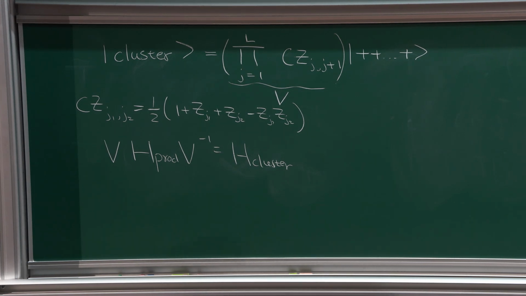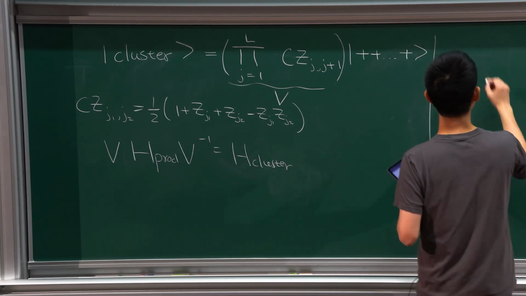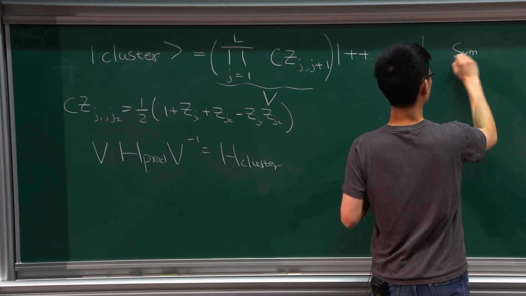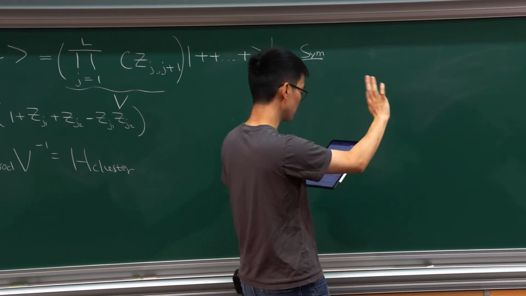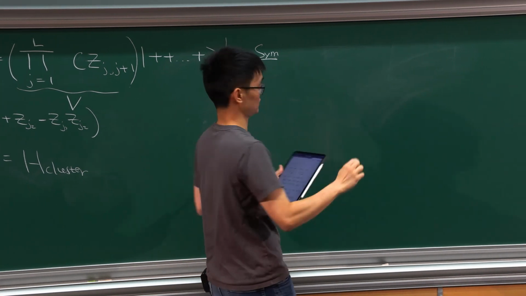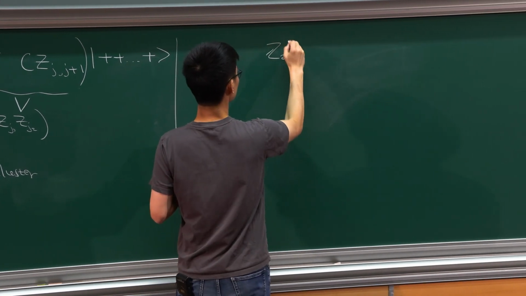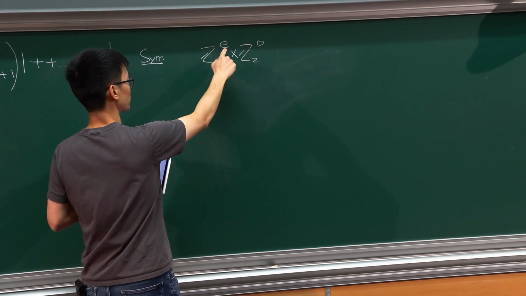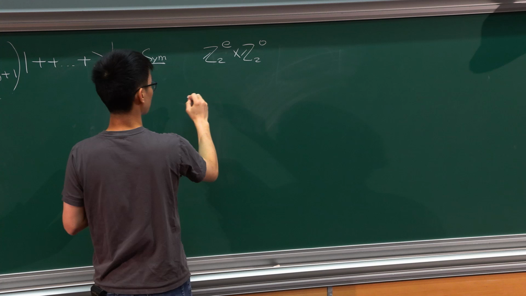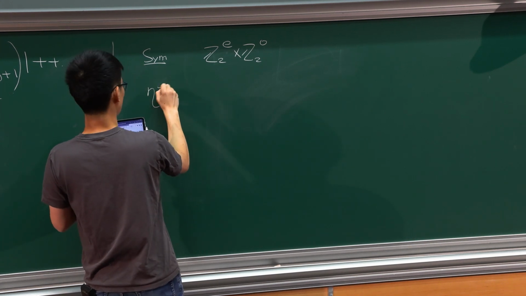Okay, but it gets interesting when you try to impose a symmetry. So the symmetry we would like to first impose, and I promise you later on we will impose even more symmetries, but for the moment, we just impose a Z2 cross Z2 symmetry. I'll put a superscript E and O for reasons that will become clear in just a second.